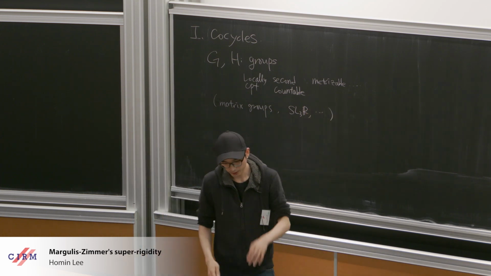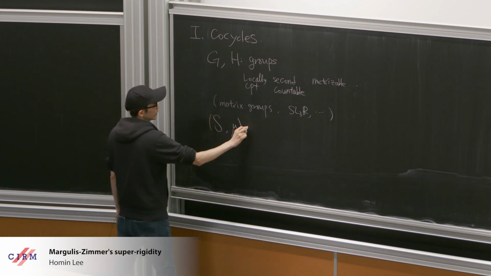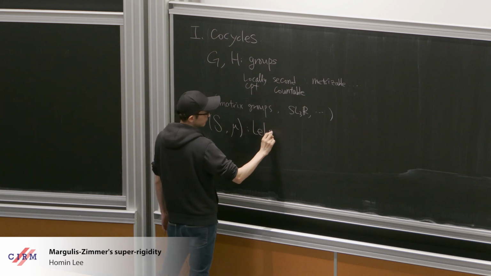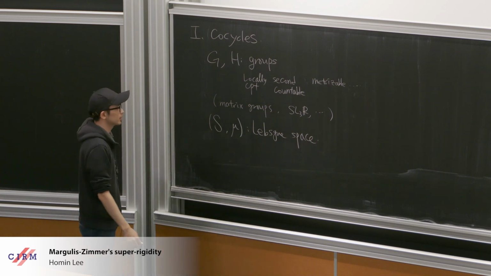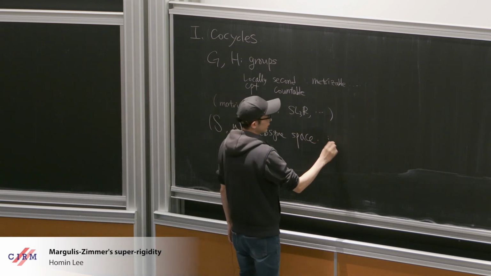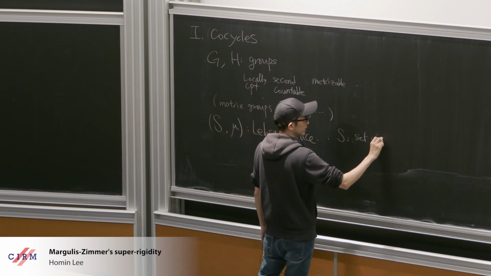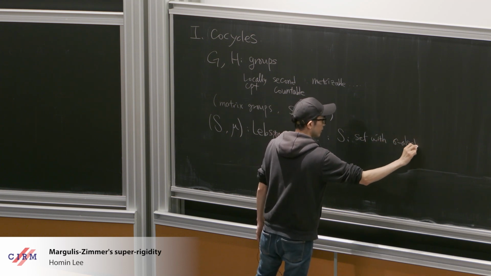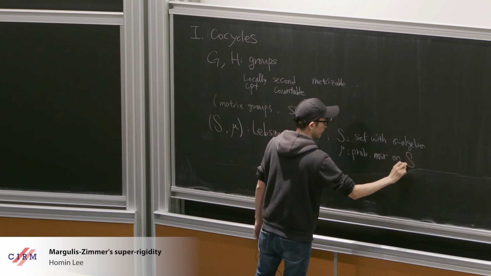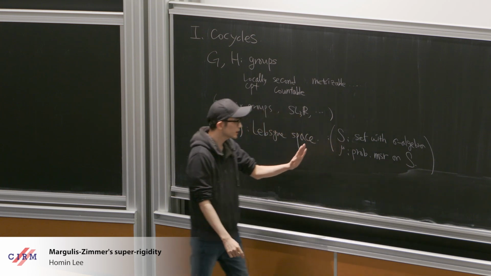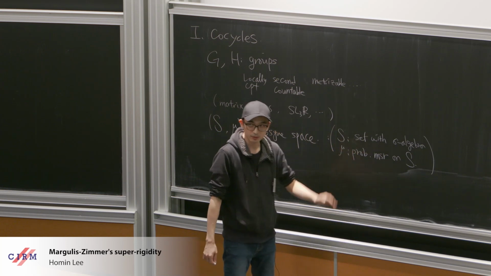So G and H are nice groups, and S and mu will be a so-called Lebesgue space. But if you are not familiar with what a Lebesgue space is, that is fine. You can just think of S as a set with a sigma algebra, and mu as a probability measure on it.